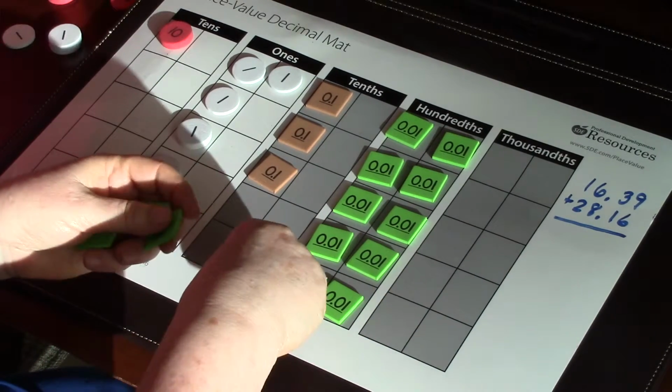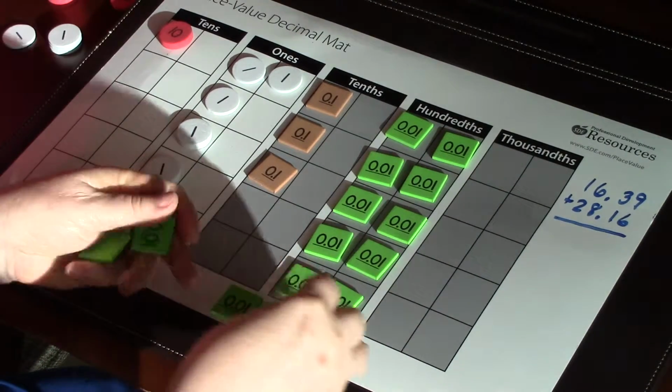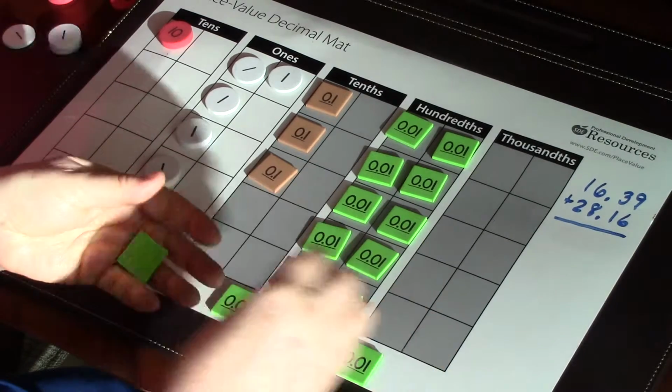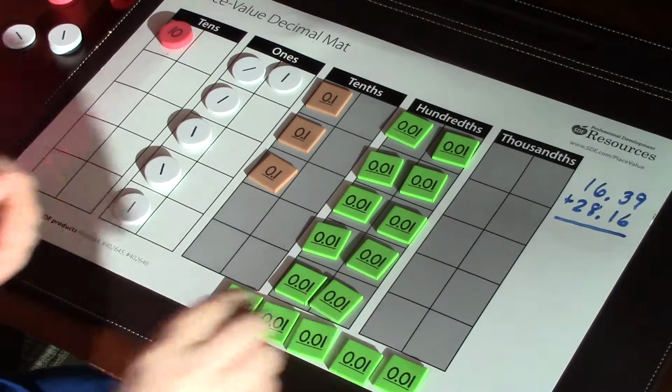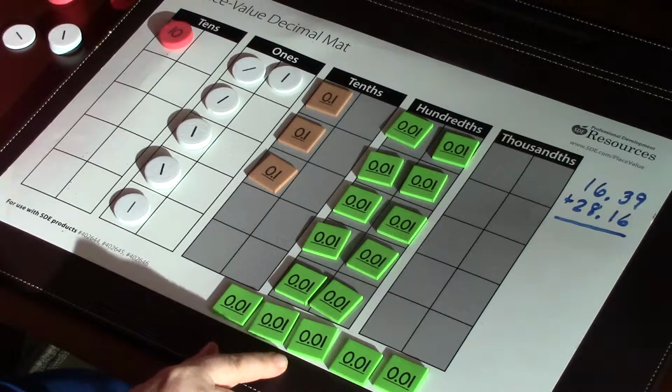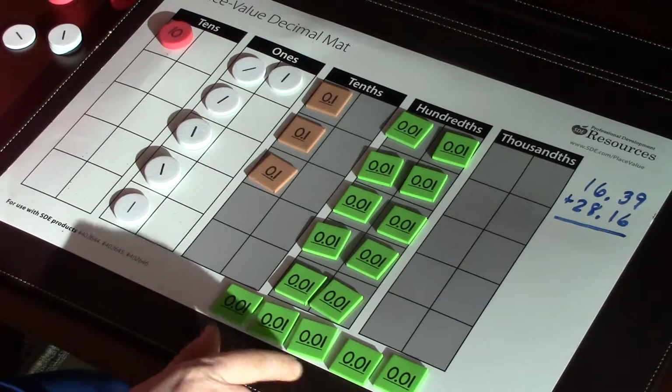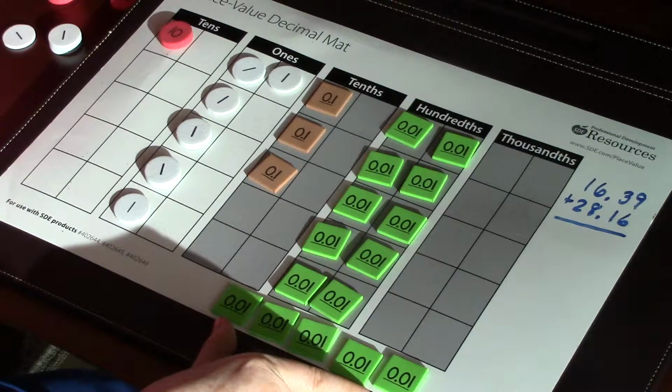And again, once they fill that 10 frame, they put the additional ones down at the bottom. So now when we had 9 hundredths and we added 6 hundredths, how many hundredths did we end up with? I've got 15 hundredths in our hundredths place.